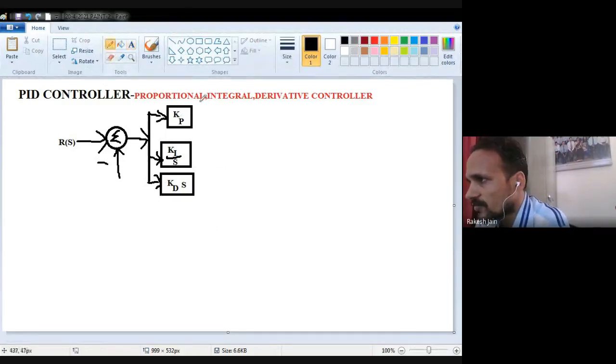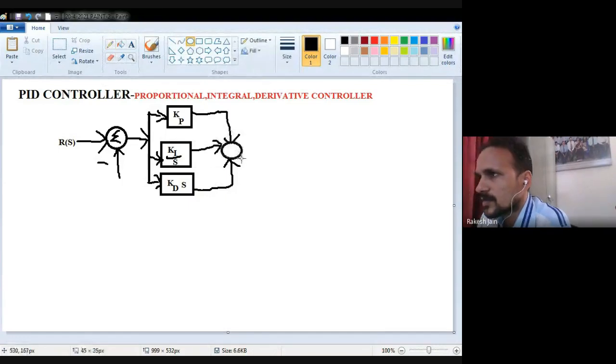That's why all of them are in parallel to a summing junction, so they will all be added to each other.